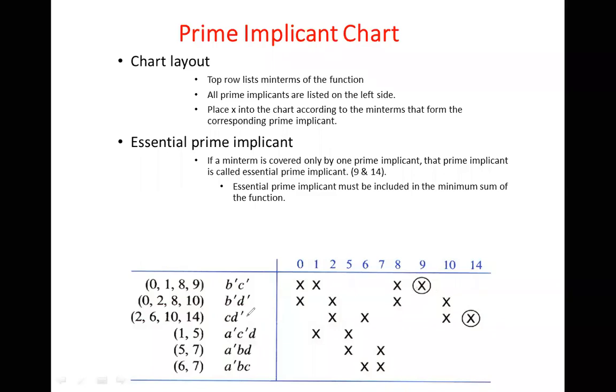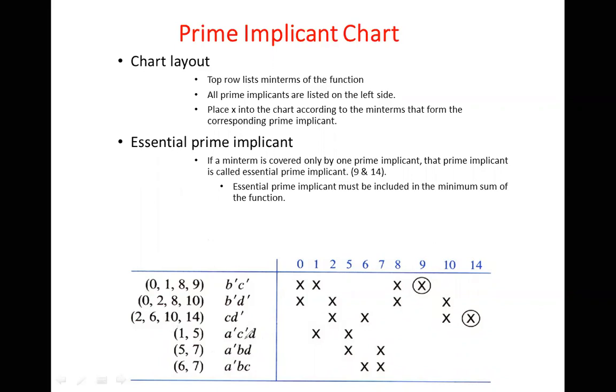Again, what is C D bar covering? 2, 6, 10 and 14. Now what is A bar C bar D covering? 1 and 5. Similarly, I have covered all the prime implicants. Now, how will we find out the essential prime implicants from this?